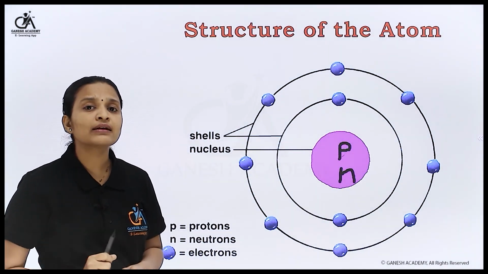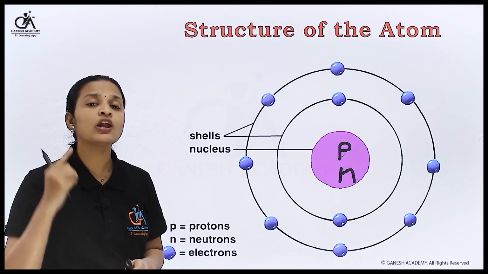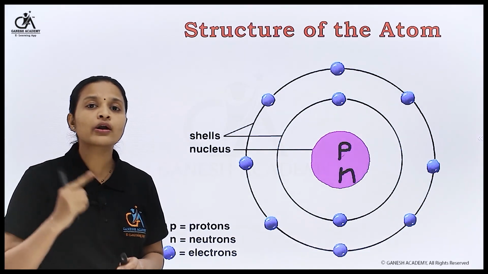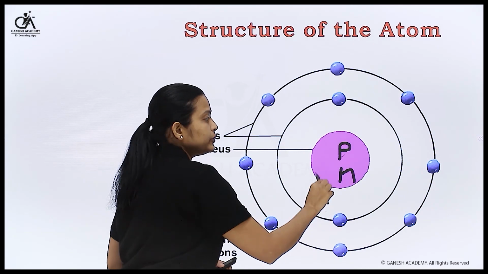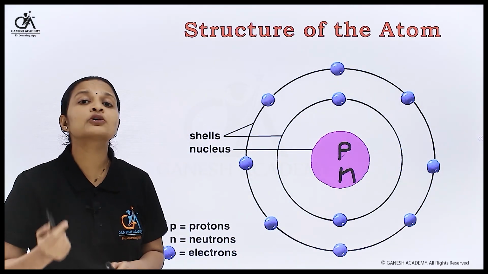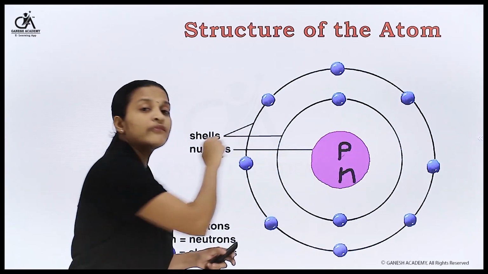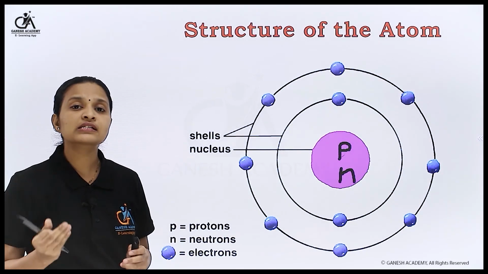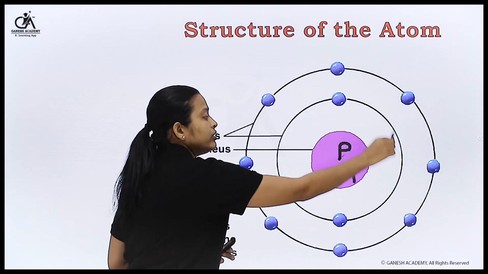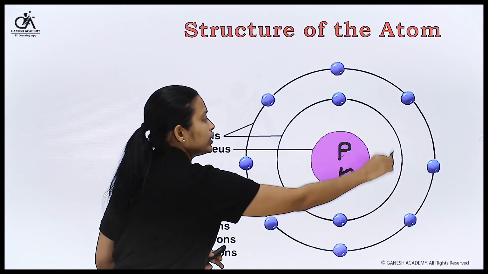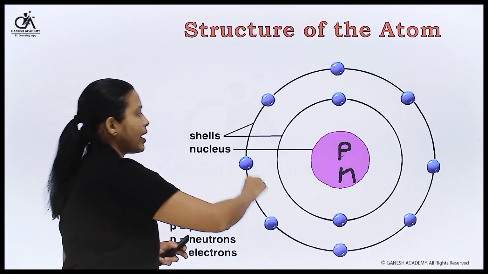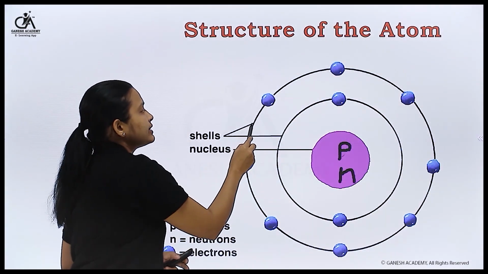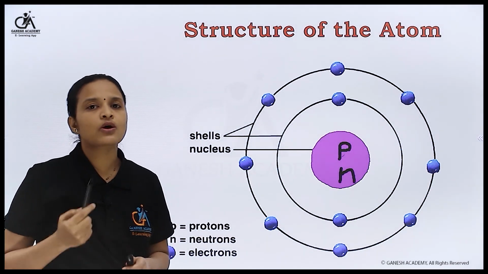Basically, an atom consists of three subatomic particles: proton, neutron and electron. Proton and neutron are present inside the nucleus. The proton is a positively charged particle. The neutron is electrically neutral, it doesn't carry any charge. The third subatomic particle is the electron. Electrons revolve around the nucleus in a fixed circular path, rotating continuously, and that path is known as shells or orbits.